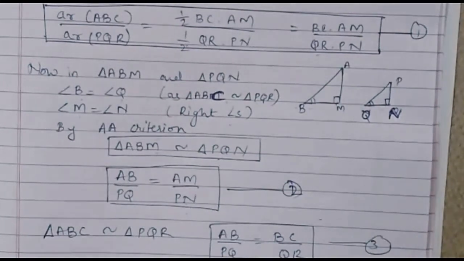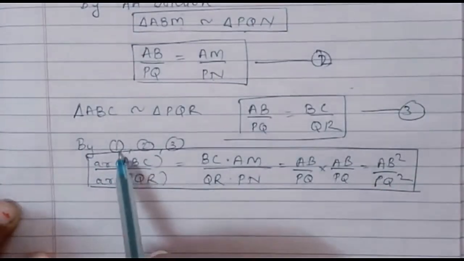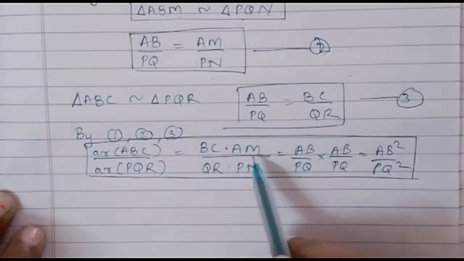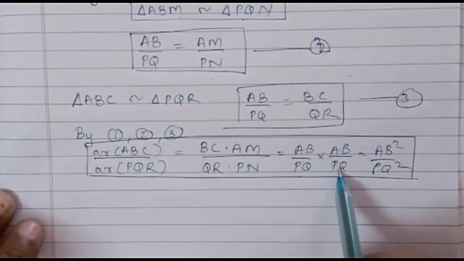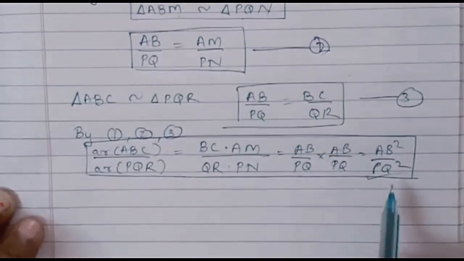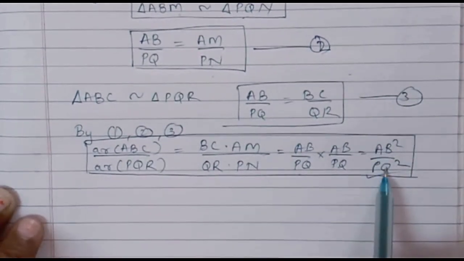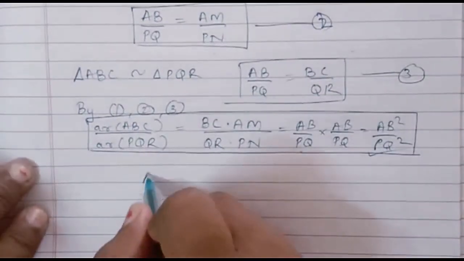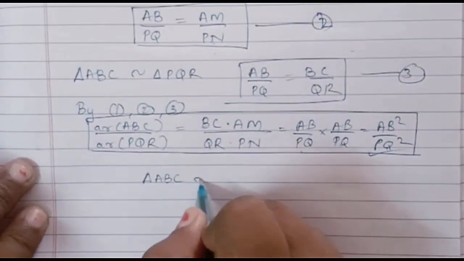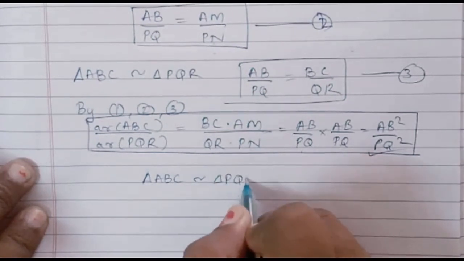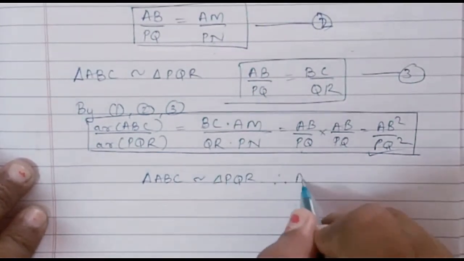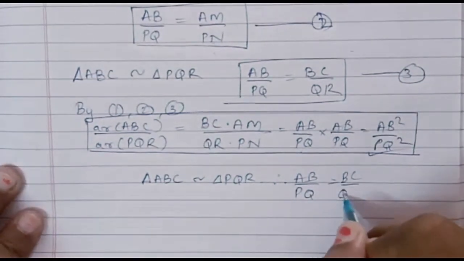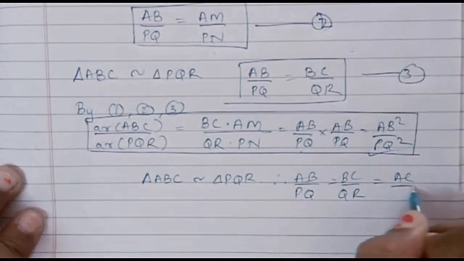So by results number 1, 2, 3, I have replaced BC by QR by AB by PQ, and AM by PN by again AB by PQ, and so we got the desired answer. It is equal to AB square by PQ square. As it was given that triangle ABC is similar to triangle PQR, by the definition we know AB by PQ is equal to BC by QR is equal to AC by PR.